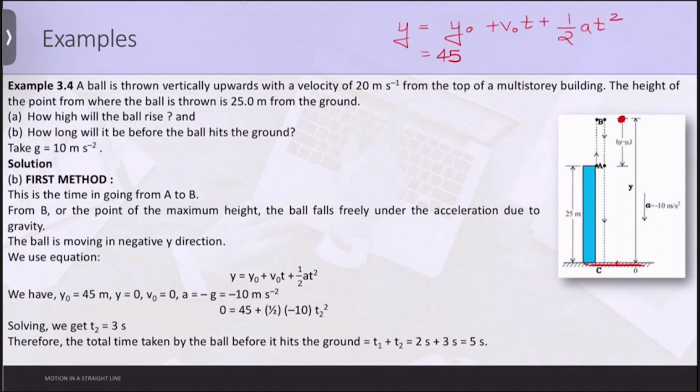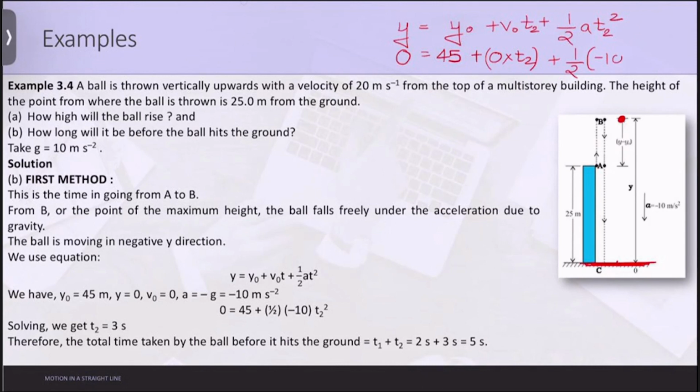Now the next thing: what will be the value of final displacement? Final displacement will be 0. This will be T2. What is the initial value of velocity? Initial velocity is 0 multiplied by T2, so just ignore this. Plus half into what is A?